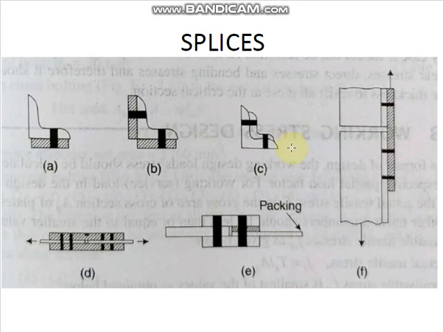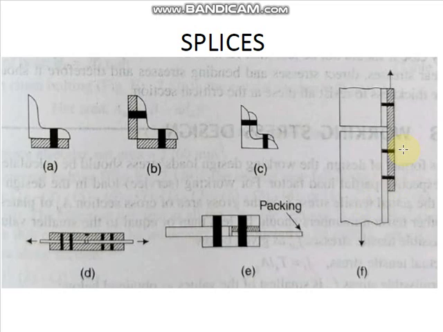When a splice occurs in an angle section, channel section, T section, the force is received from the member through the connection on one side of the joint and is transferred to the splice cover plate or angle section.